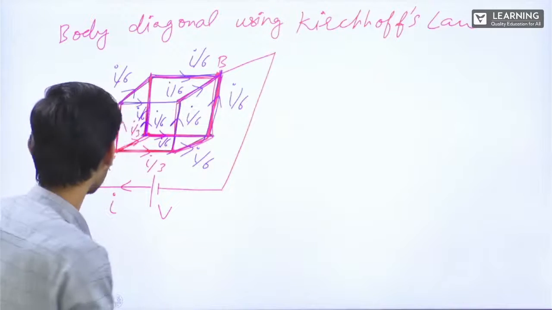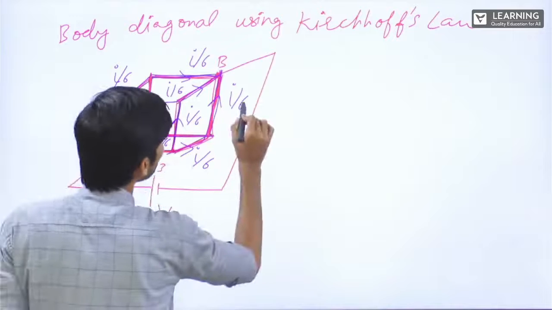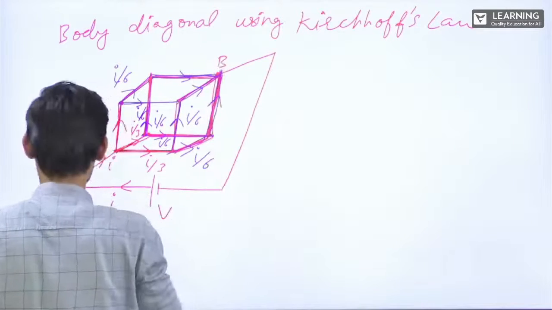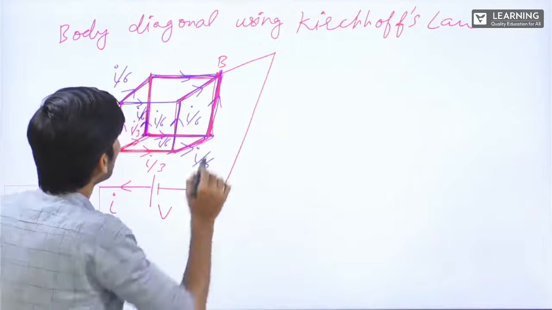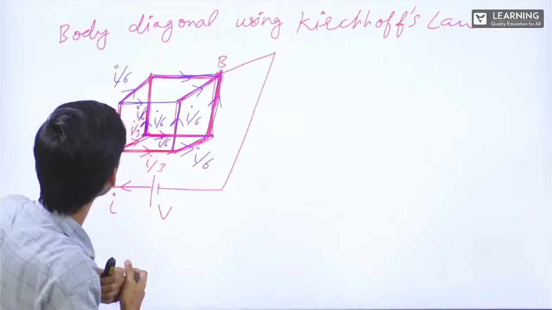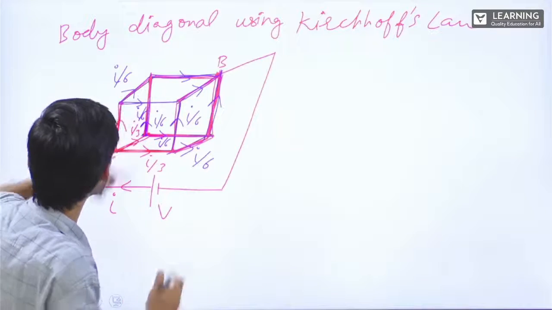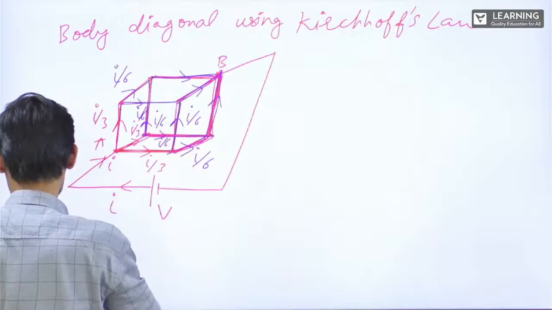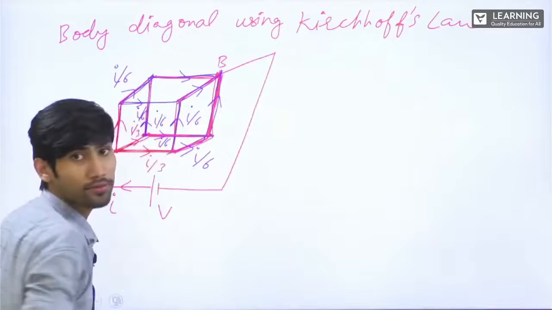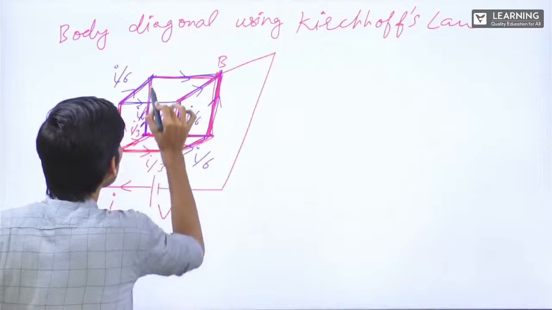Wait, not I by 6. See here, at this particular point, this is I by 6. Okay, at this particular point when the current is there, here one current is going I by 6 from here, one current is going I by 6 from here.